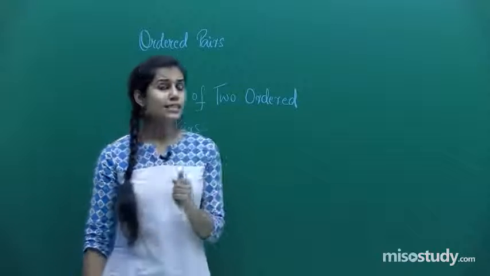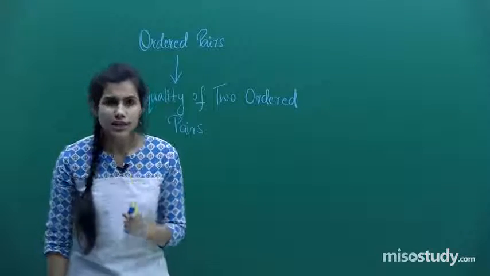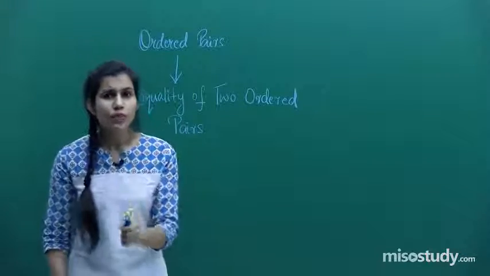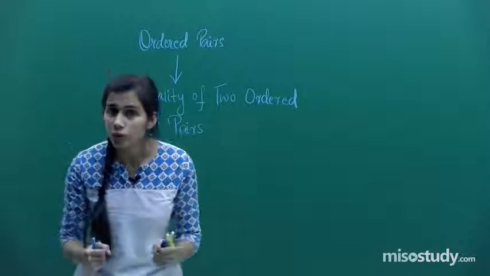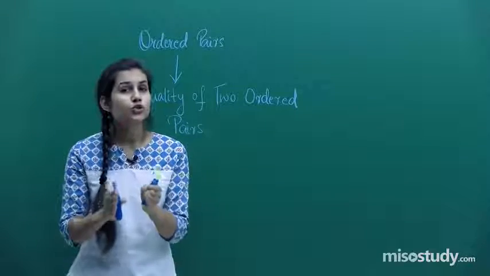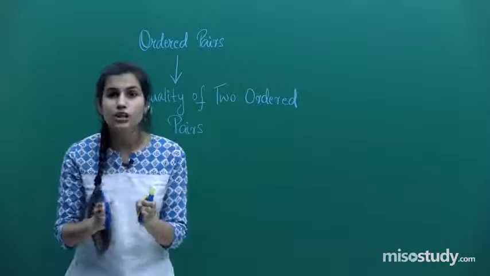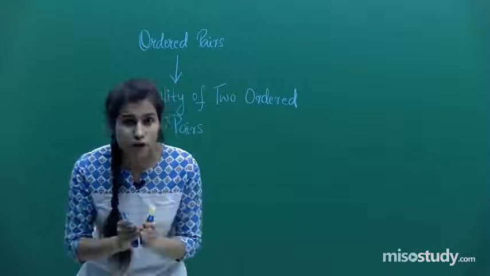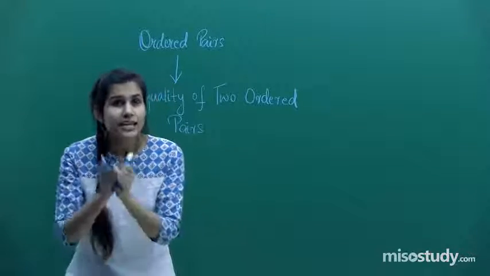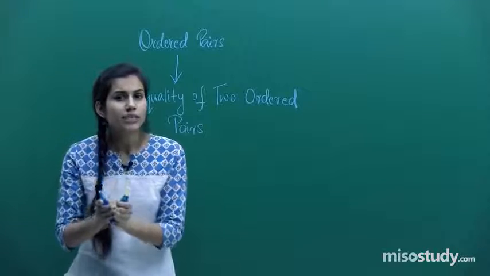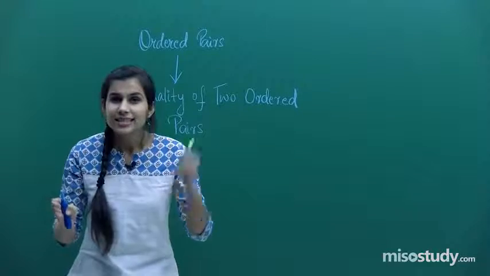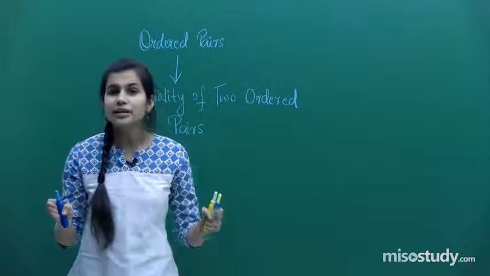By the concept of equality, we also learnt when two ordered pairs are equal: not just by the two objects being the same which are used for the construction of those pairs. In fact, if in the first pair one object is sitting at the first place, the second pair should also have the same object at the first place.